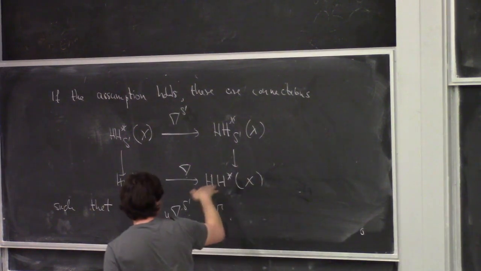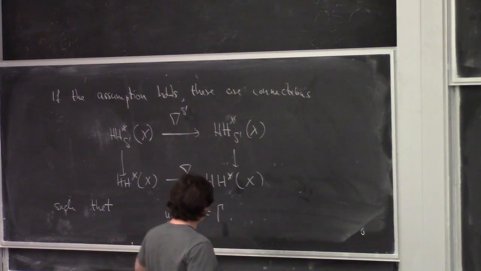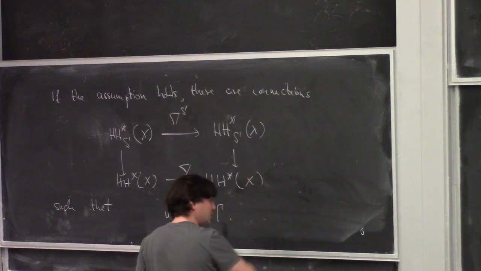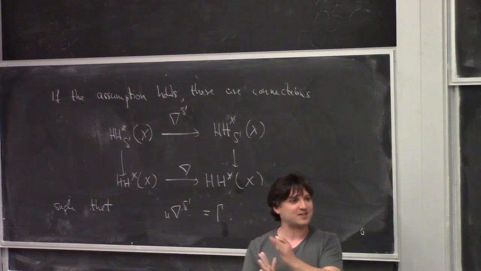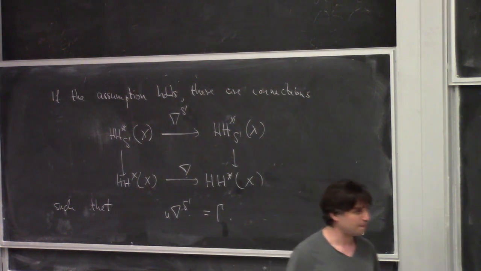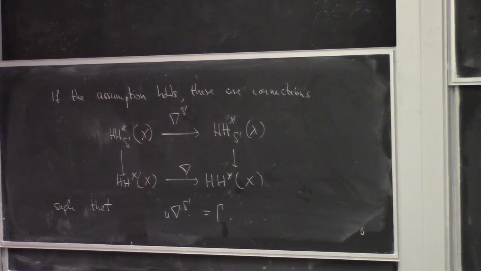In fact, there's even a connection that expresses just how stupid the situation is. Because these guys here are just vector fields, and suddenly you can actually transport vector fields to infinitesimally close fibers. Okay.